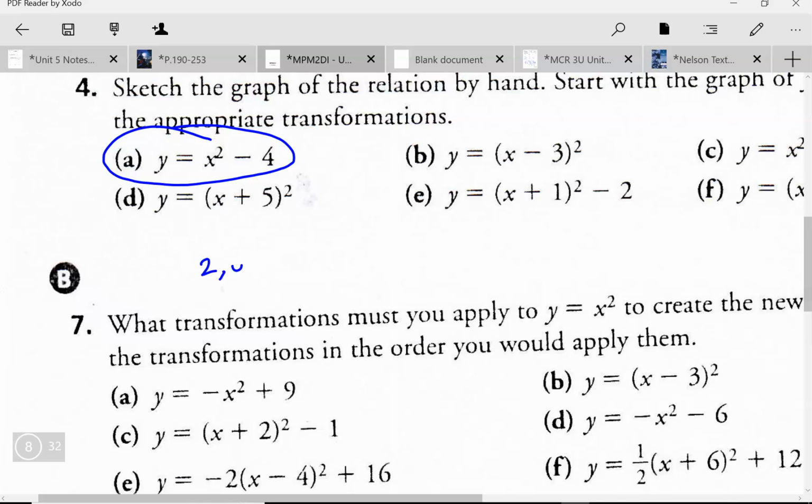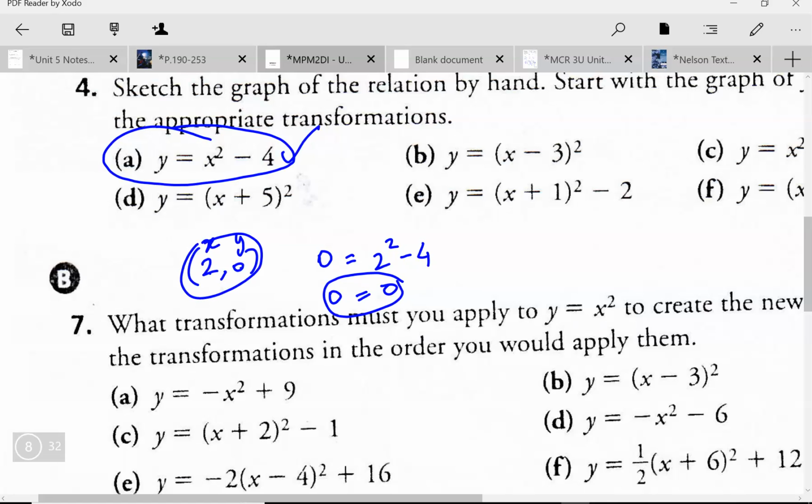2, 0. If I put x equals 2 and y equals 0 in this function, what do I get? I get y is 0 equals 2 squared minus 4. So 2 squared is 4, minus 4 is 0. So this equation is true when x equals 2 and y equals 0.